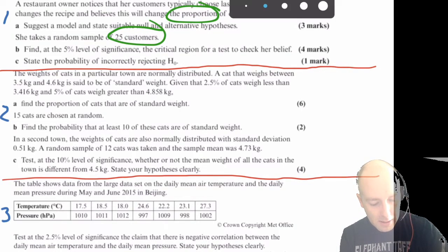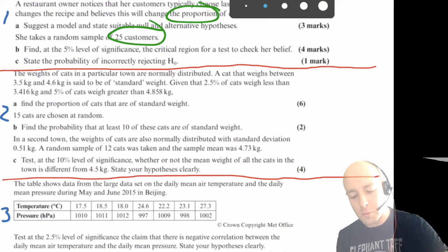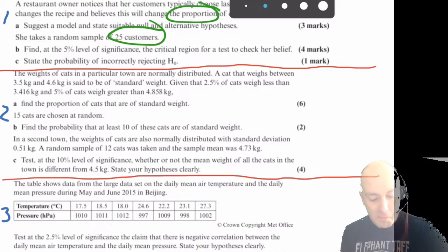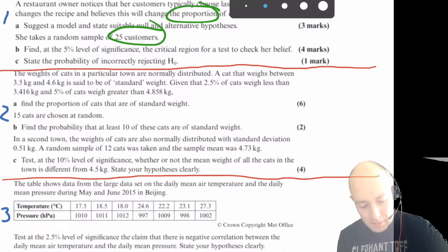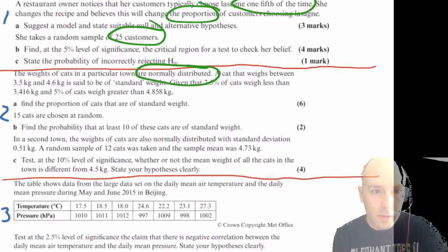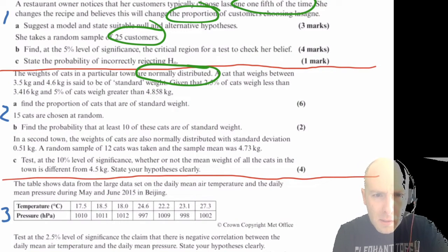All right, question 2 then. How do you know it's a normal hypothesis test? Well, it mentions it in the first line there, normally distributed. We also know it's all to do with the mean.